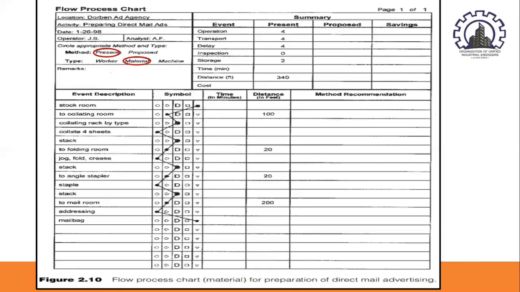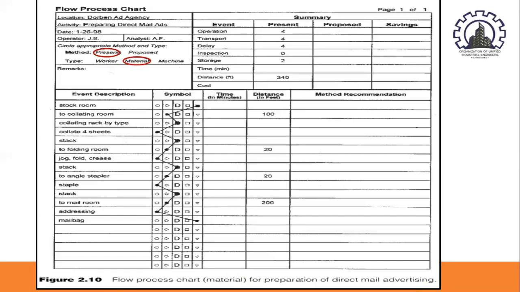It can only be a proposed method if from your present method, you have identified a lot of problems and there are also related improvements. In that case, you will encircle proposed, but here in our example, since this is our very first study on this particular activity, we will encircle present. And the type of chart is material type. Again, we are studying the material all throughout the process.